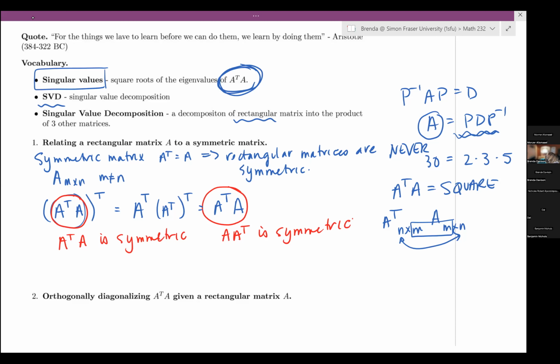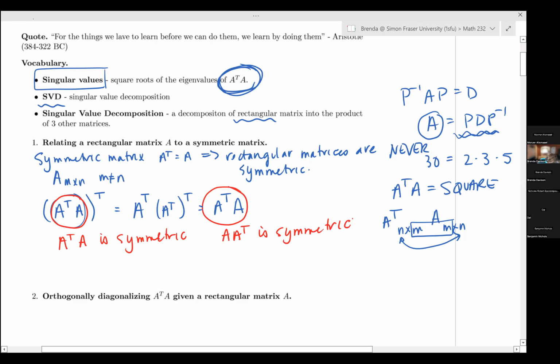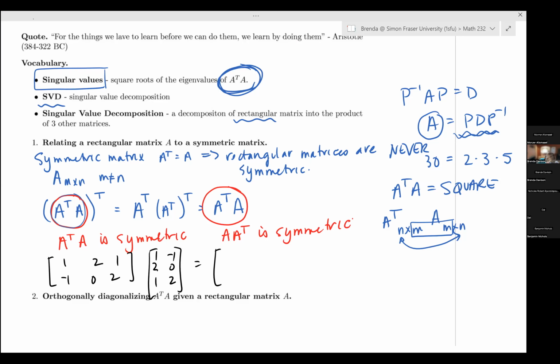Let's do an example so we can see that highly exciting feature. Let's take a matrix A looking like this, 1, 2, 1, a rectangular matrix. Let's multiply it by its transpose, and we get this, 6, 2, 2, 5.